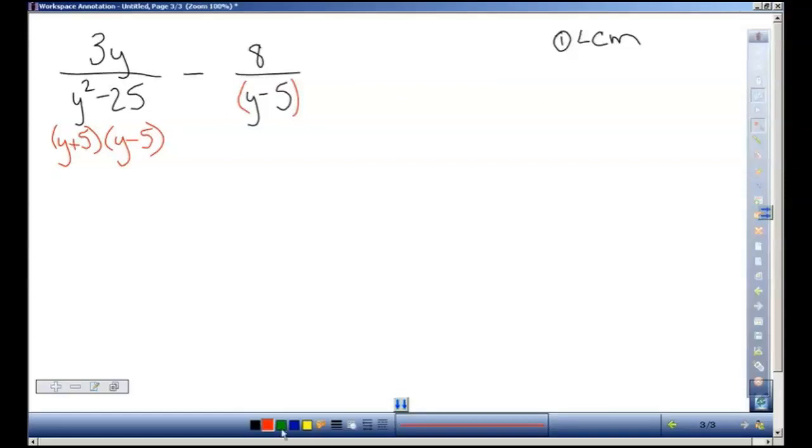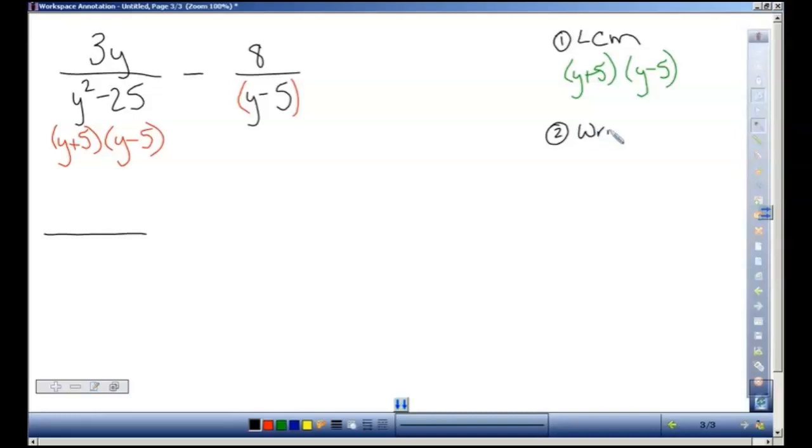When we are dealing with polynomials, remember we said you just want to list all of your factors. I have no monomials in this problem, so I'm just going to list all of my factors. So I have a y plus 5, and I have a y minus 5. I don't have exponents on any of those, so I have no exponent. So that means that my LCM is going to be y plus 5, y minus 5.